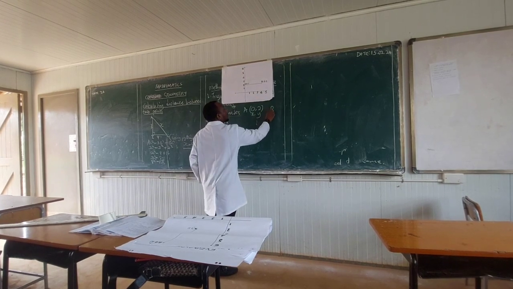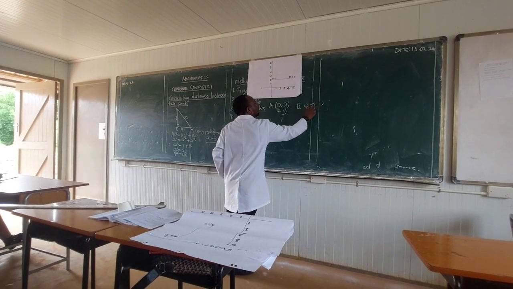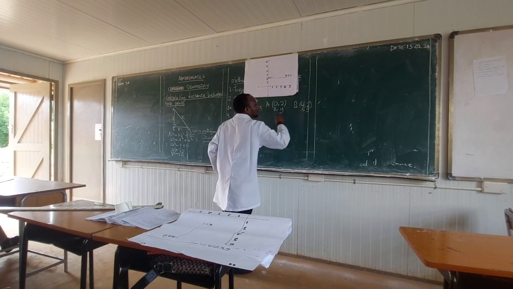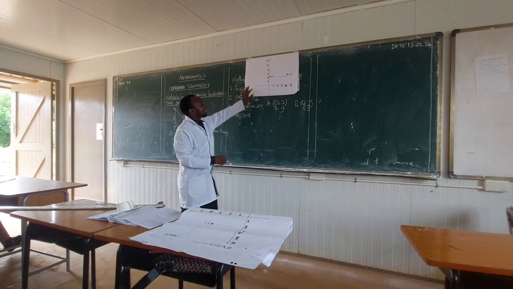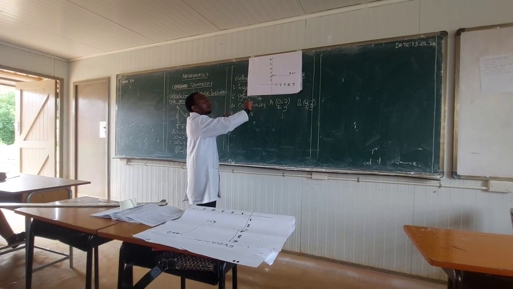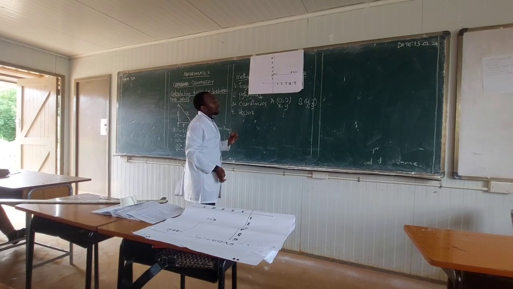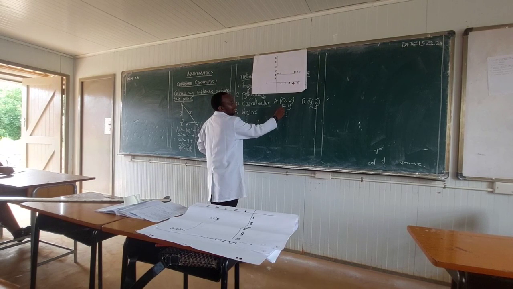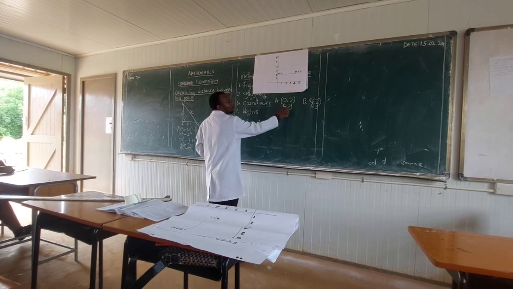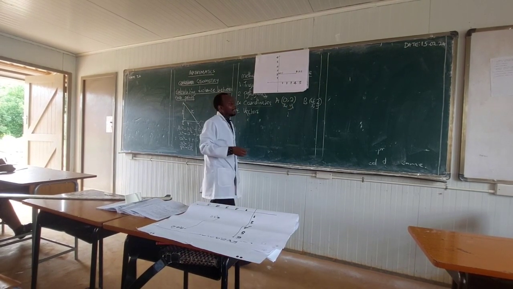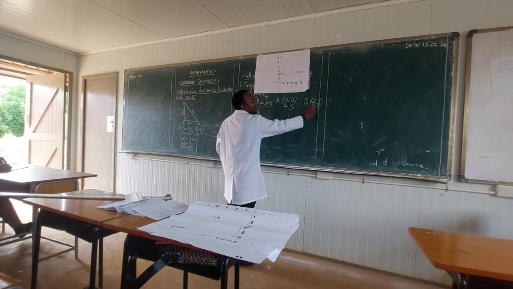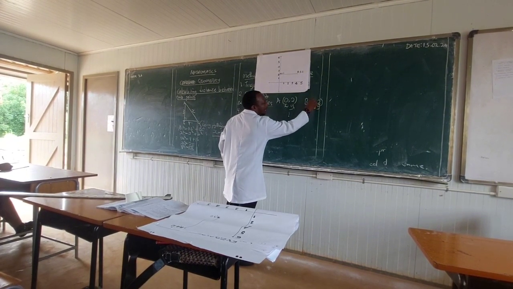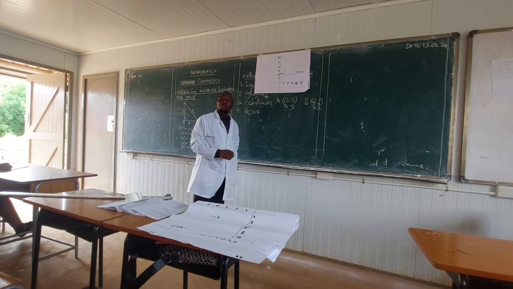Likewise with B, 4,2, x and y. Because they are standing on the same straight line from point A to point B, at A this x is x1 and this y is y1. Same with B here, this one will be x2, and y will be y2.